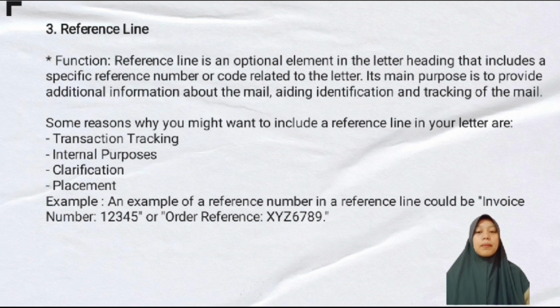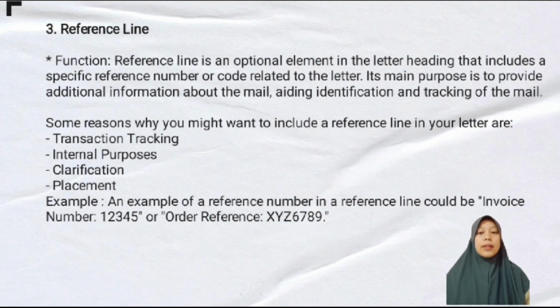transaction tracking. For example, in a business context, a reference number can be used to track a specific transaction or order. Internal purpose. A reference line can also be used for internal purposes, such as referring to a specific reference number in a company or organization system.